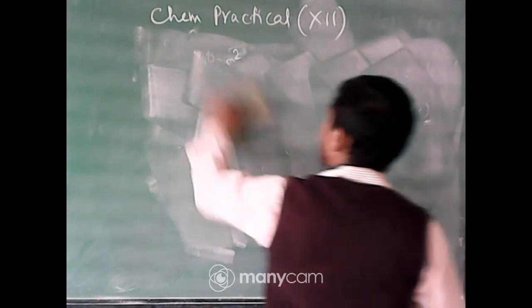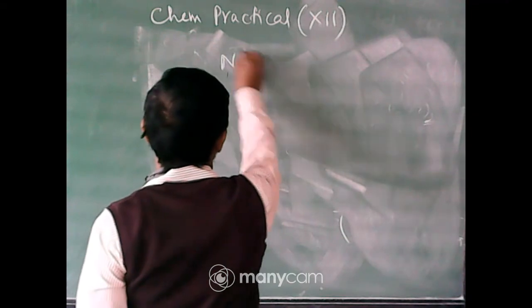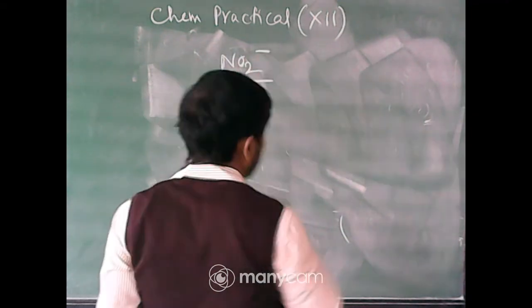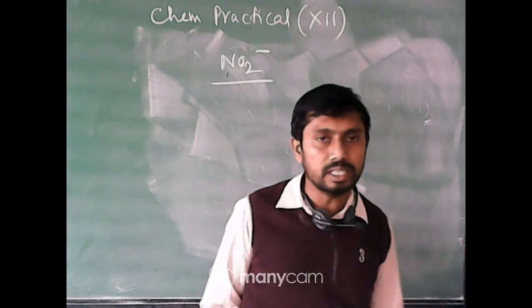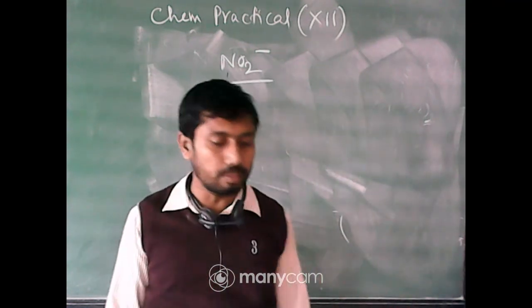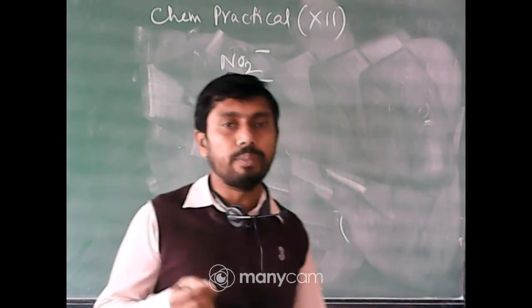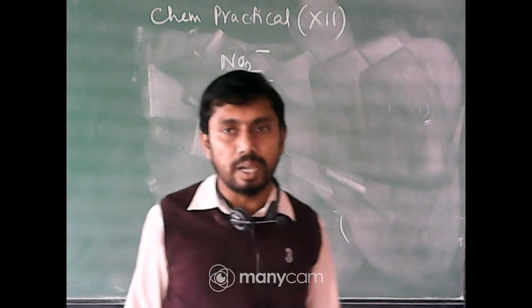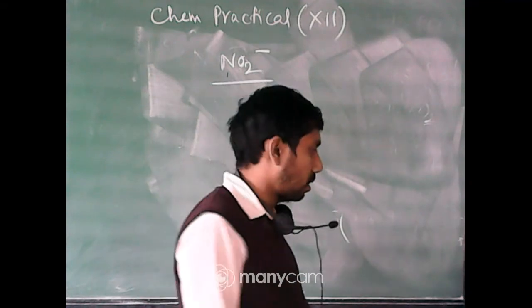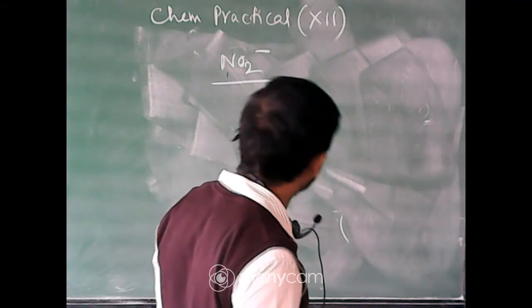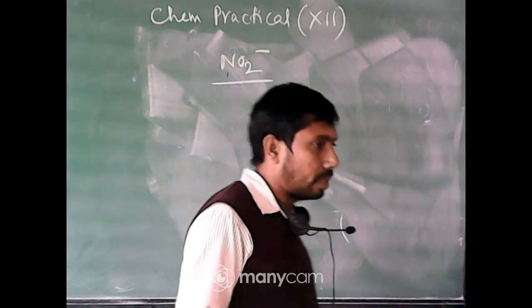Nitrate shows two tests. What are the tests? One is concentrated sulfuric acid and copper turnings, heated in the Bunsen burner. Then it will produce brown coloured gas of nitrogen dioxide. And the brown ring is the confirmative test.